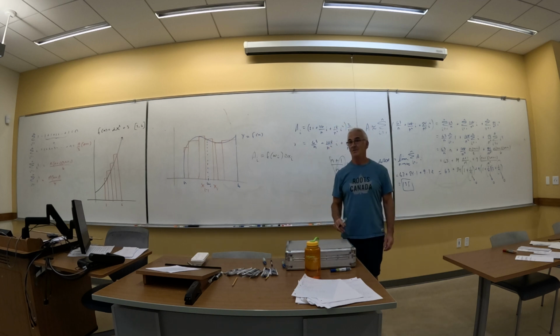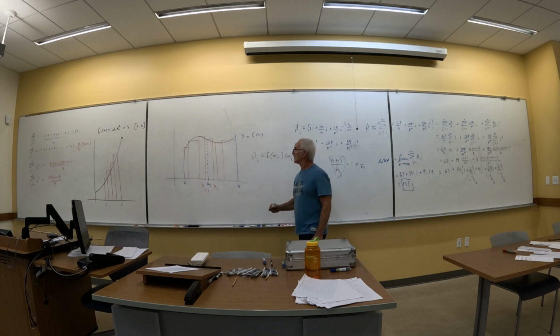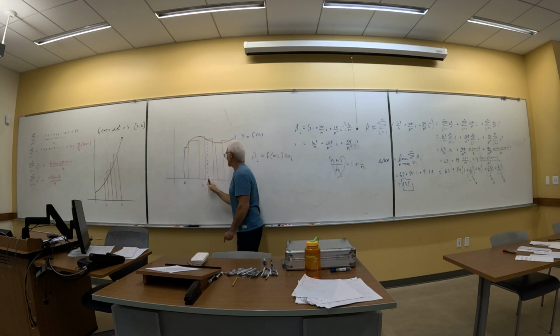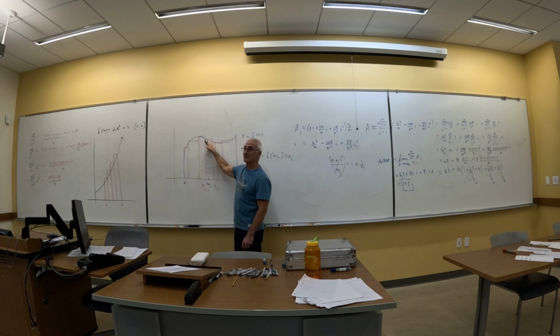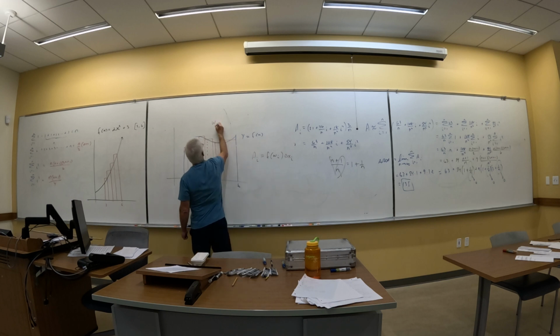So is the area now half for that? No. How do you calculate the area of this rectangle? The height times the width. I'm just now calculating the height from a random place as opposed to from the right endpoint. So in other words, the height is no longer calculated from f of x sub i, it's calculated from just some random value in the middle of the interval. Where very specifically, w sub i is between x sub i minus 1 and x sub i.